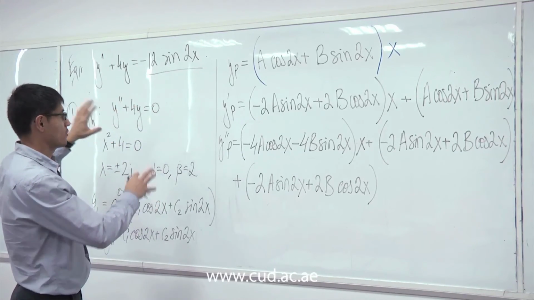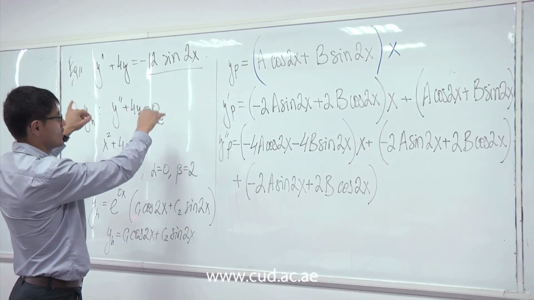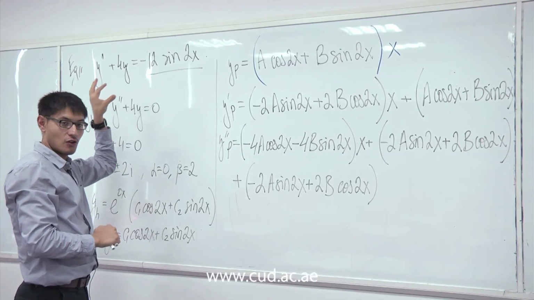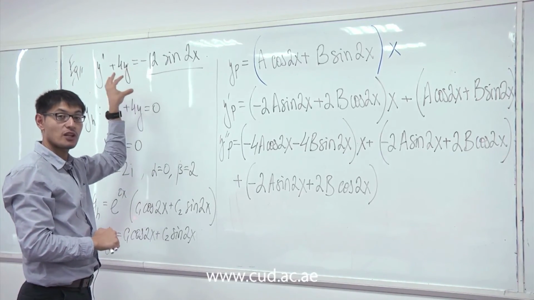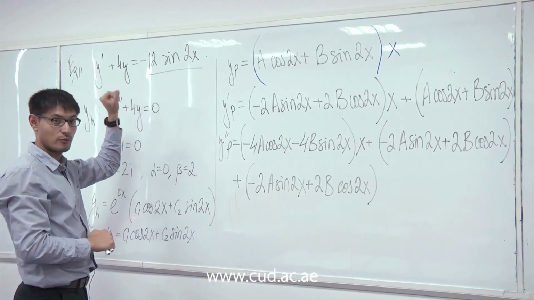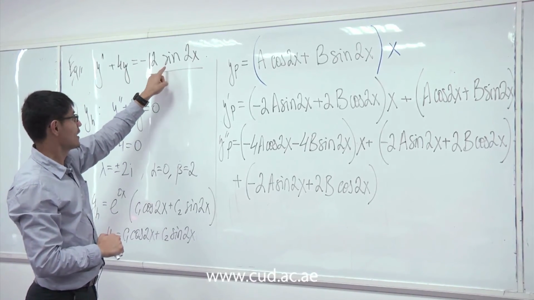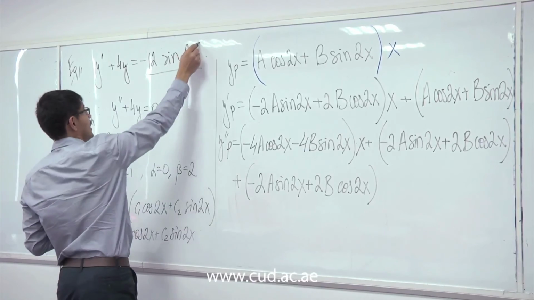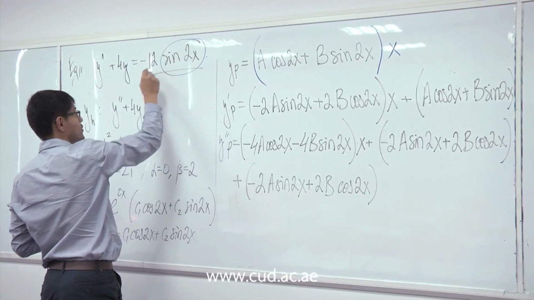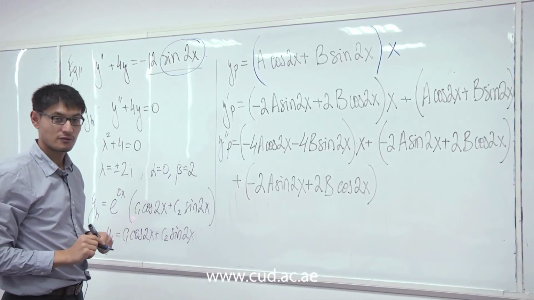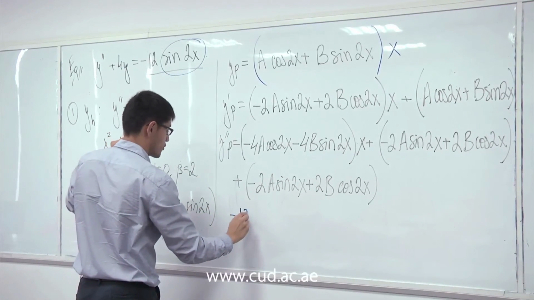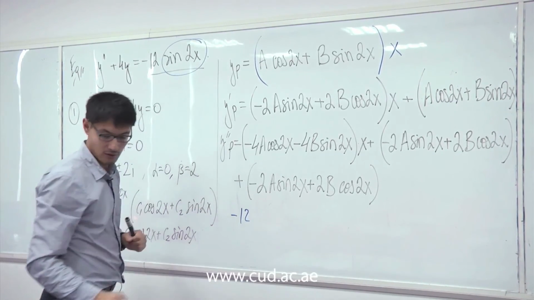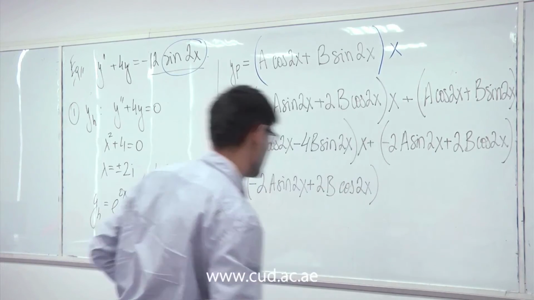And remember what we said is, in order for the left-hand side to be equal to the right-hand side, the coefficients of the similar terms have to be equal to each other. Well, on the right-hand side, I have sine 2x, and its coefficient is negative 12.